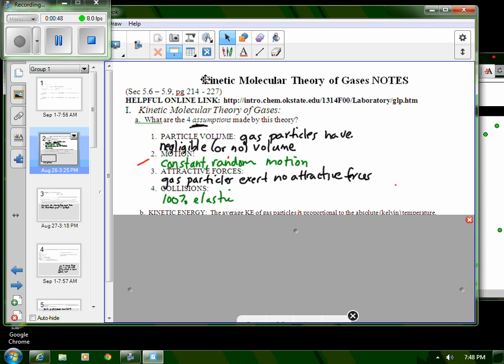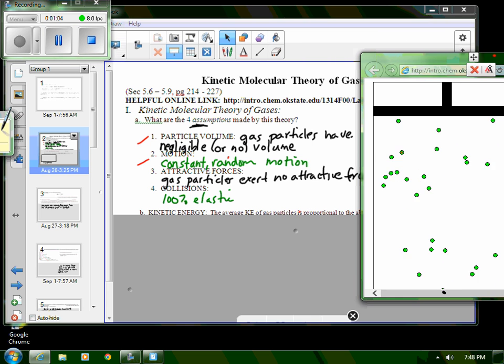Particle volume. It says gas particles have negligible, that's a hard word to say, or no volume. What that means is that when you look back at our sample, gas is really spread out, right? So we assume that the volume of the container is 1 liter.